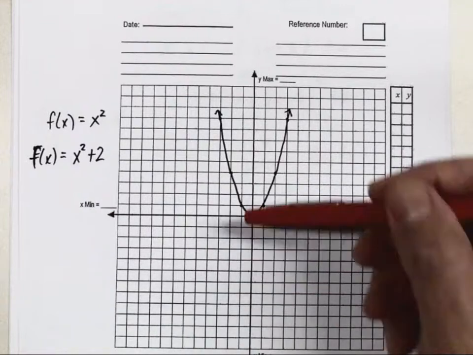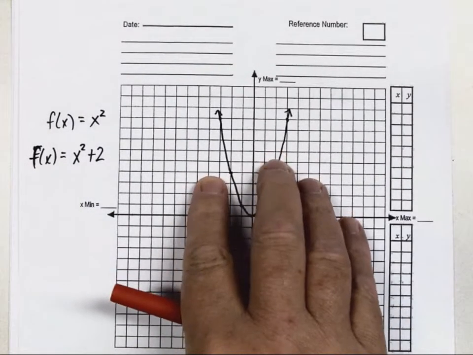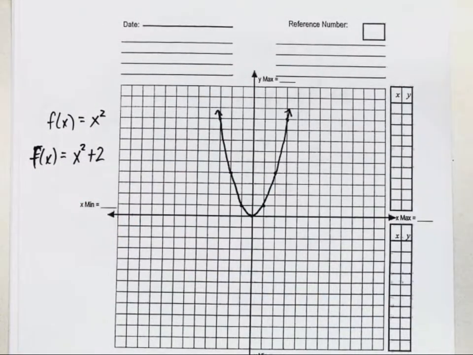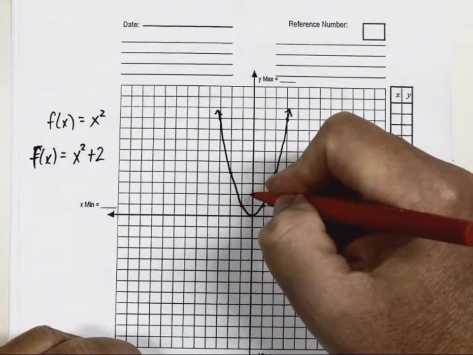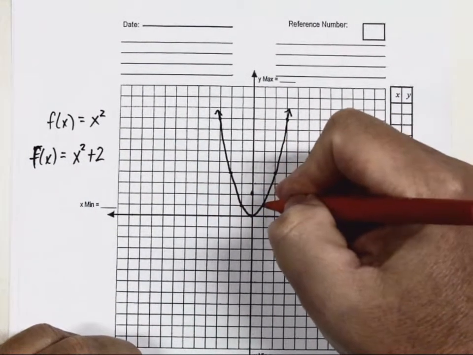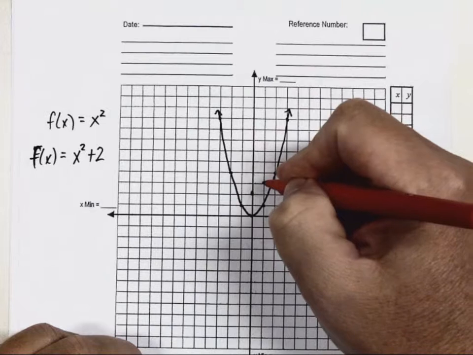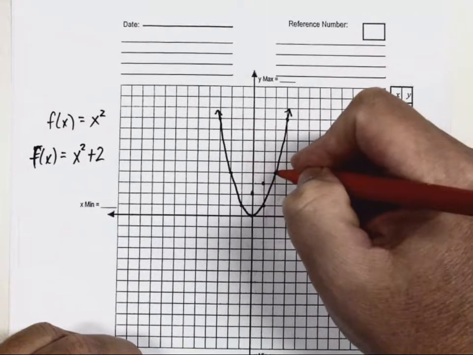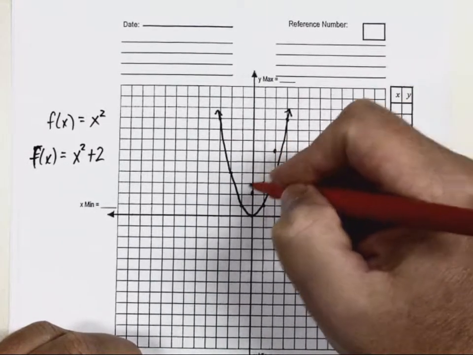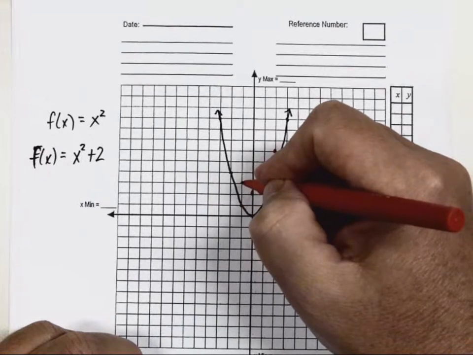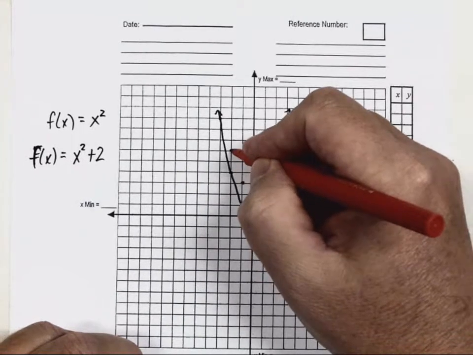So I've got to take this graph and basically move it up by 2. So this point goes up 2, this point goes up 2, this point goes up 2. So the whole graph gets just shifted by 2.